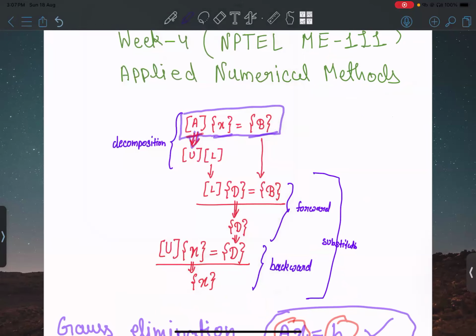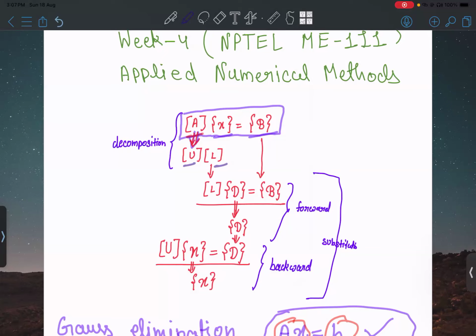We will first try to decompose A into L and U, where U is an upper triangular matrix and L is a lower triangular matrix. So we decompose the coefficient matrix into two matrices, L and U, where L is a lower triangular matrix and U is an upper triangular matrix.